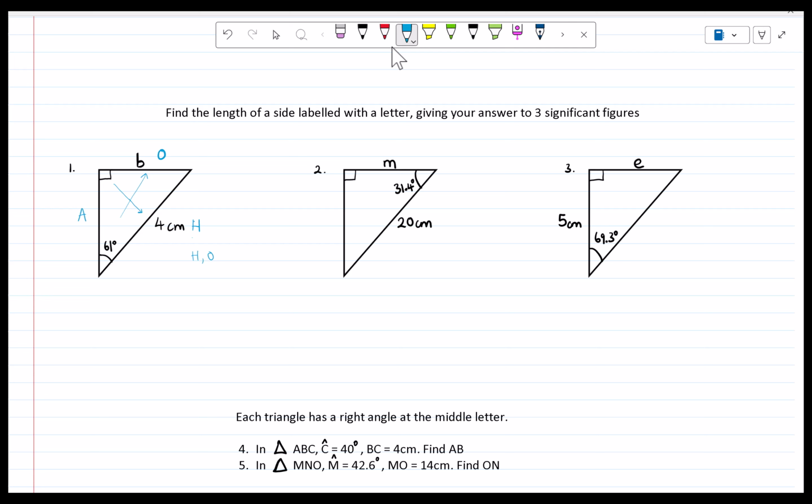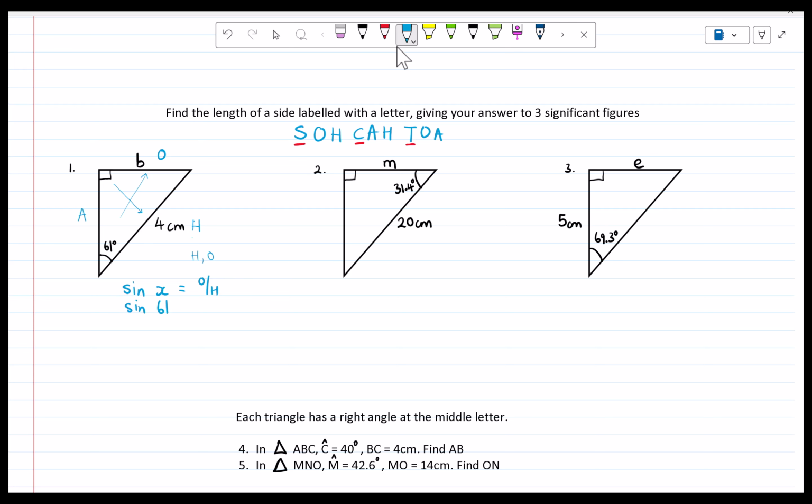In this case, we are going to make use of the sine because we have the opposite and the hypotenuse. Remember the abbreviation I gave you, SOHCAHTOA. Let me just highlight: this is for tan, this is for cos, and this is for sine. Sine x is equal to opposite over hypotenuse, where x is 61 degrees.